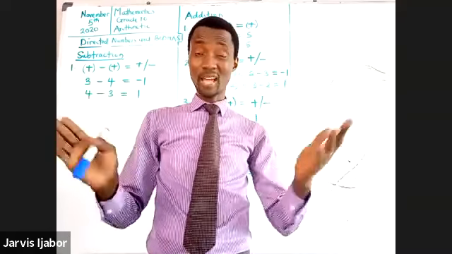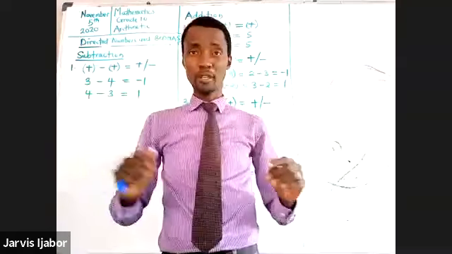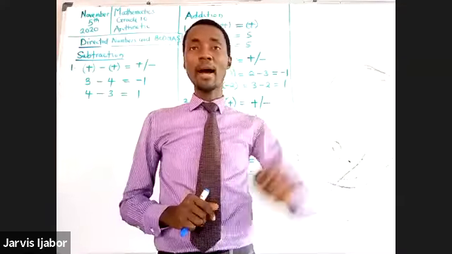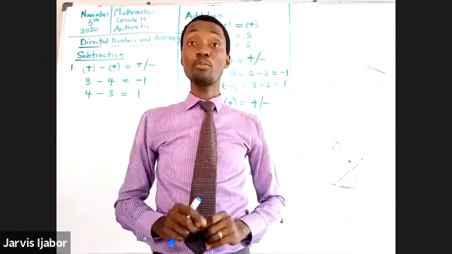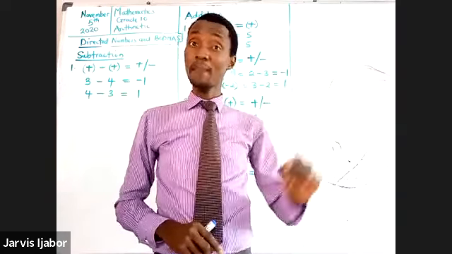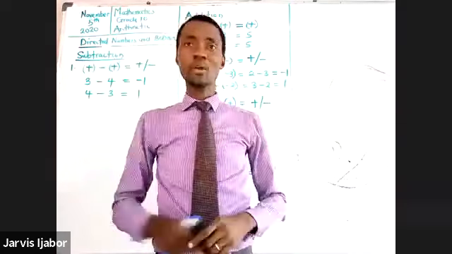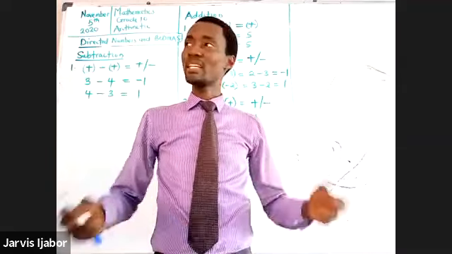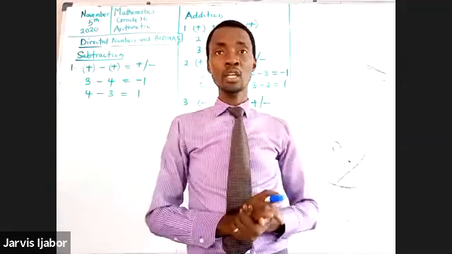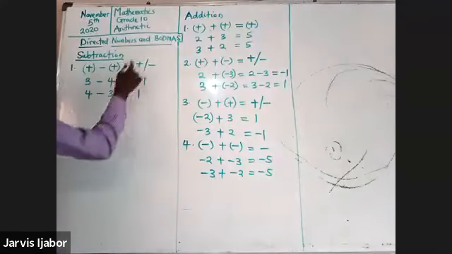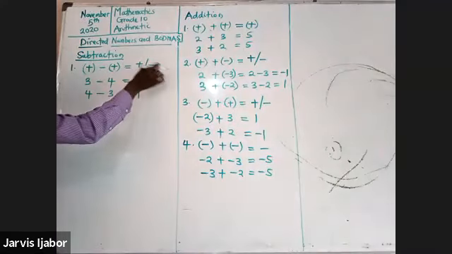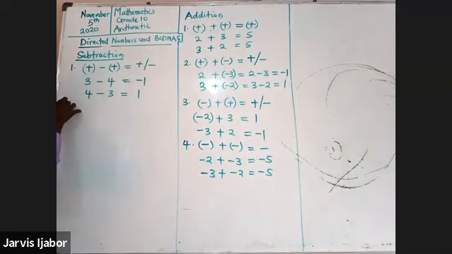Or put in a language that you can better appreciate: if I say 4 minus 3, if the first number is bigger than the second number, we expect that the answer will be positive. But if the first number is smaller than the second number, we expect that the answer will be negative. That's something you really need to take note of as we solve problems in math. Right? So that clears that. So the answer is undecided, whether positive or negative.